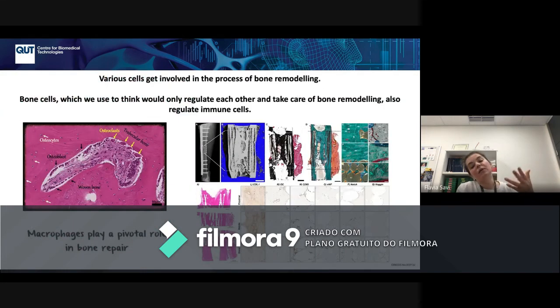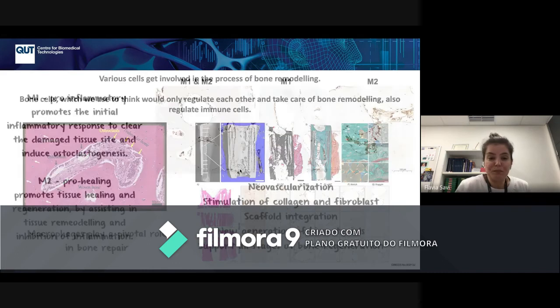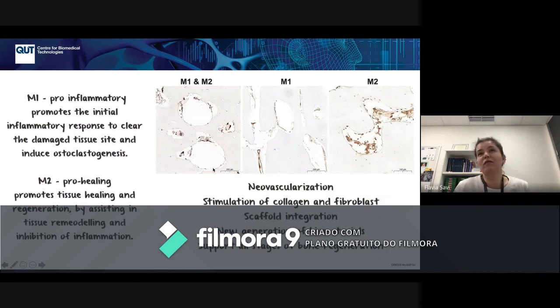Yeah, and then there are a lot of cells involved in this process, not only the bone cells, but also a lot of macrophages, in the case of the foreign body reaction we were talking about before. And they play a pivotal role in bone repair. So we have two kinds of inflammatory cells, which we call M1 and M2 macrophages.